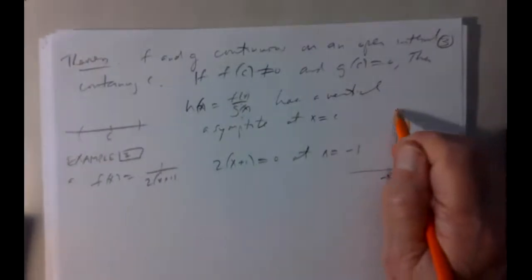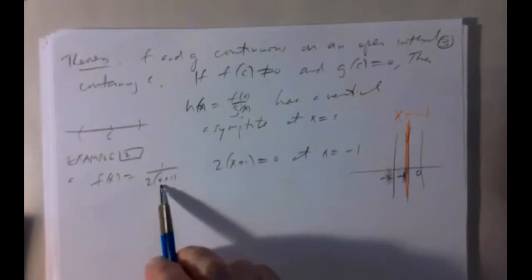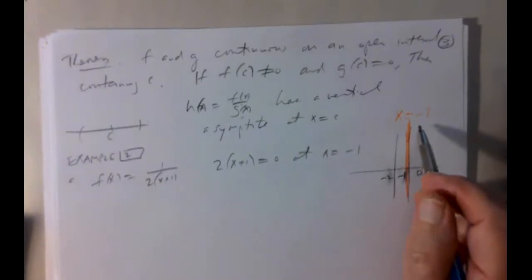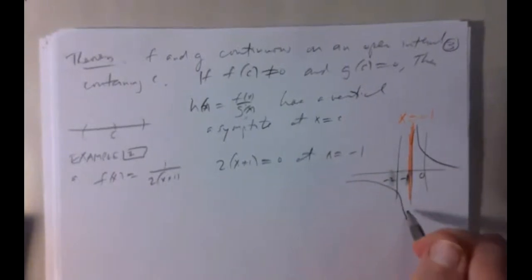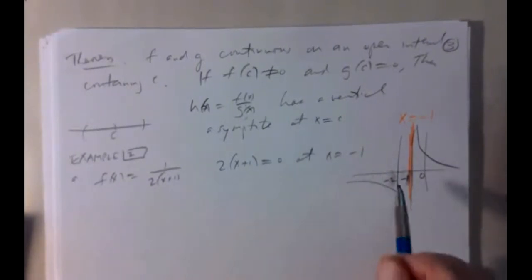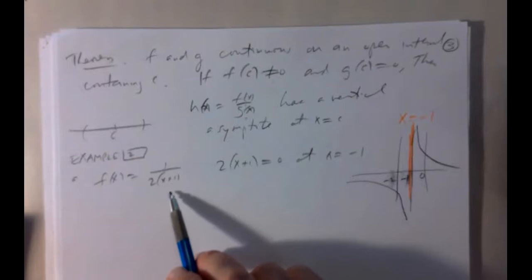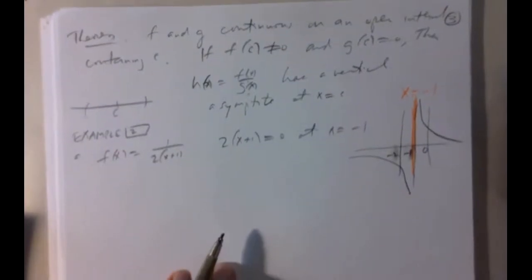And the asymptote is on this line, x equals minus 1. When x is bigger than minus 1, x plus 1 is positive. Function is going to plus infinity. When x is less than minus 1, this is negative. Function is going to minus infinity. So we have this vertical asymptote. Any questions about this?